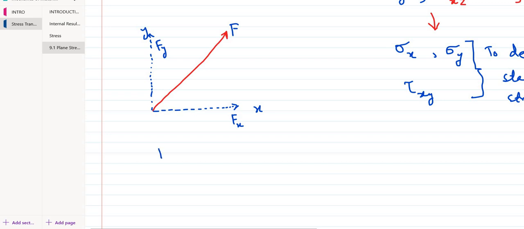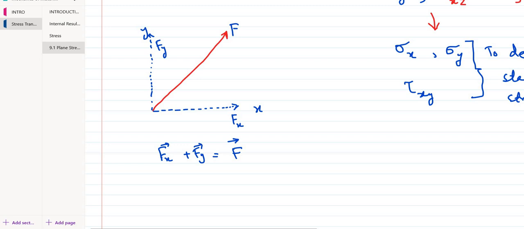The principle that you applied is that the vector Fx and Fy should add up to give us the same original vector F. This is what the basic concept is. If you add up this Fx and Fy, you end up with the same resultant original vector F.